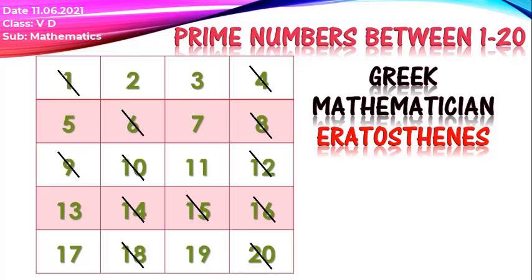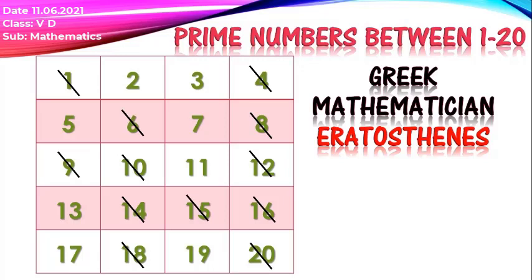Moving forward, we have already cut down 4 as it was the multiple of 2. Now we are having 5. 5 is a prime number, we'll leave it, but we'll cross out all the multiples of 5, which are 10, 15 and 20. Again, in the same way, we'll move forward.